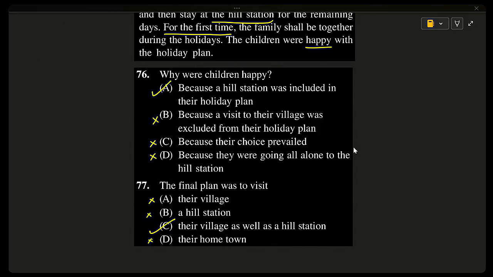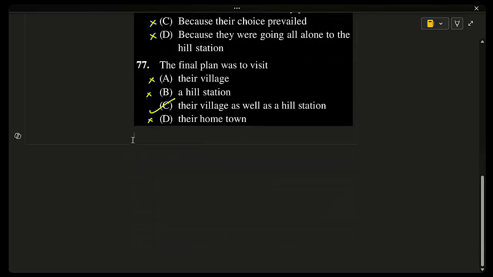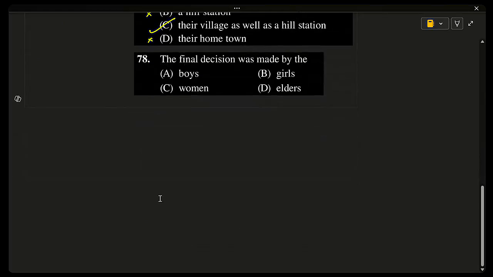And going with the next two questions, let's take the 78th one. The final decision was made by boys, girls, women, and elders. So, as usual, parents will take the decision, that is elders.